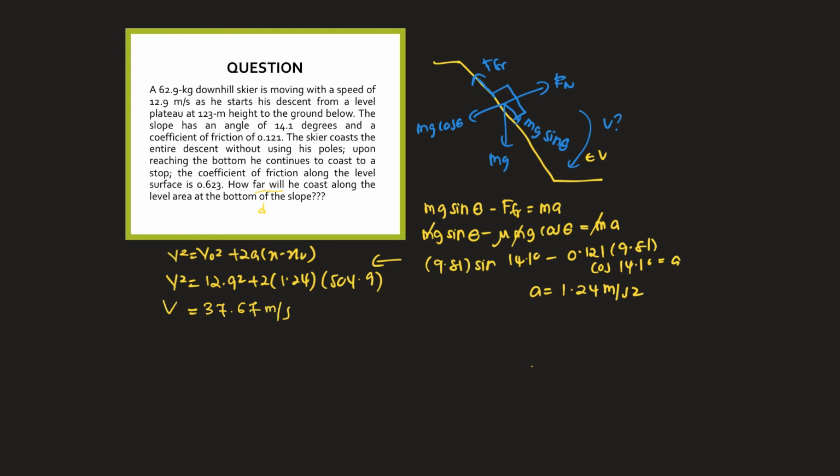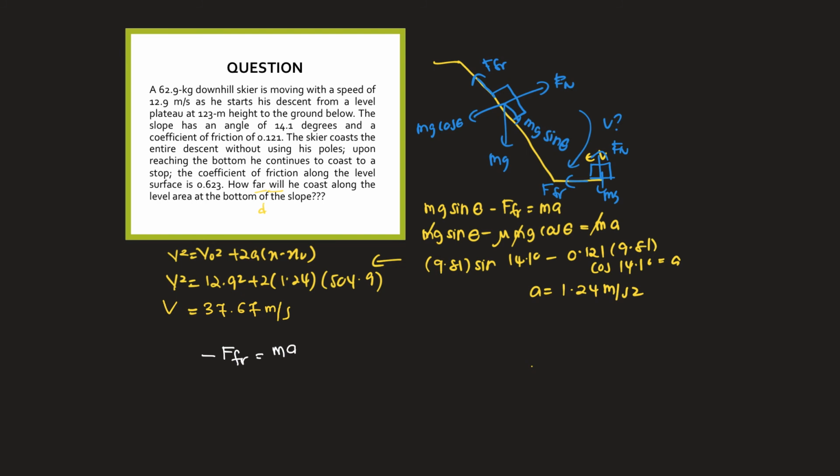Okay, and then once I find the v, I need to find how far, which means that the box is going to be like here. Draw the full FBD, mg, and then the friction force FFR is going to be in that direction. So my formula is going to be negative FFR equals to ma.